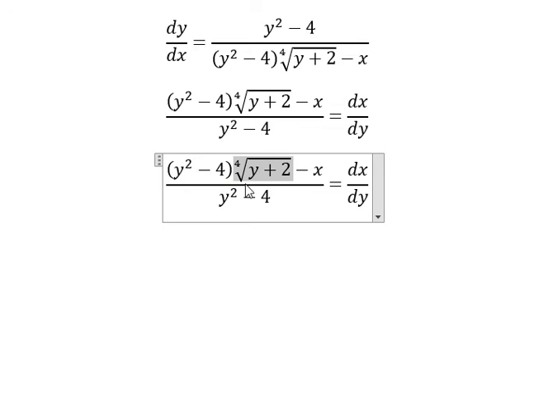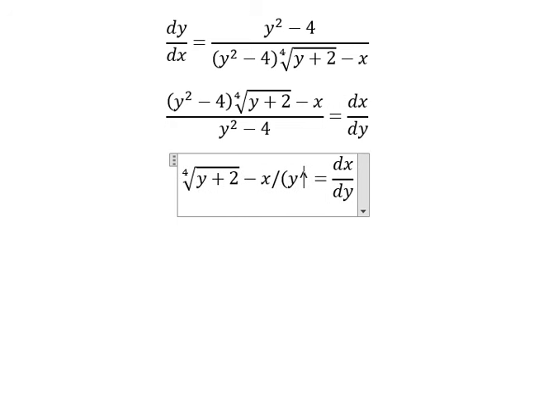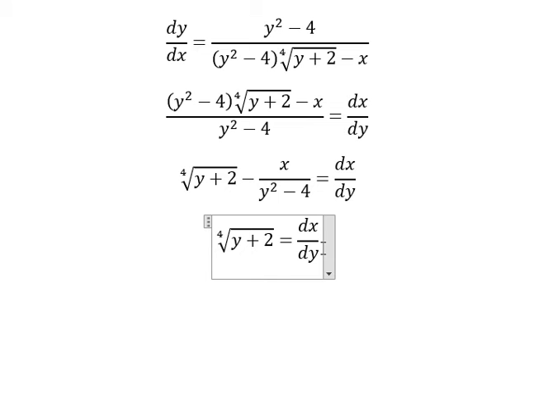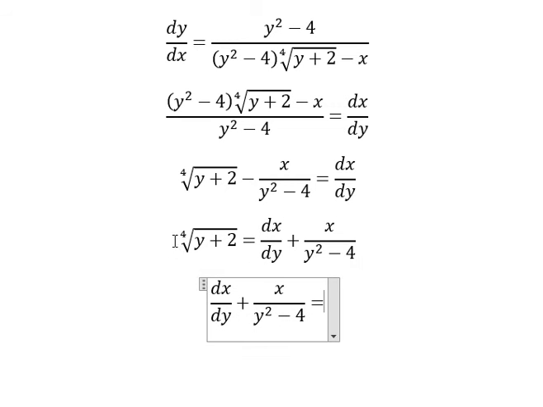So we have like this. Now I will put this one to the right. And now I need to arrange. Should be like this.